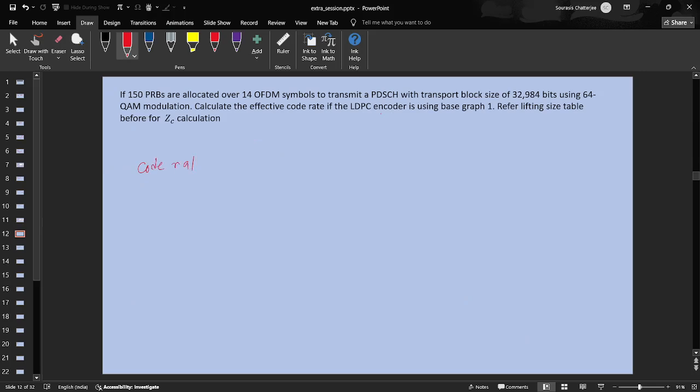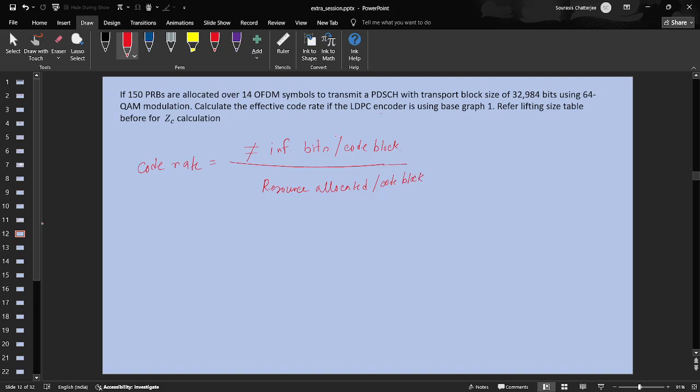Effective code rate should be the number of information bits per code block over the resources allocated per code block.